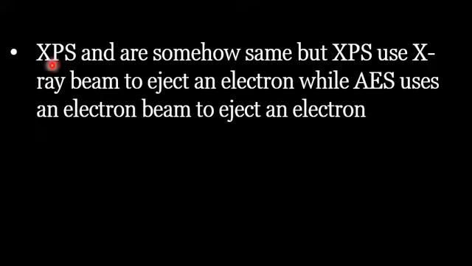So XPS and Auger electron spectroscopy are somewhat the same, but XPS uses an X-ray beam to eject an electron, while Auger electron spectroscopy uses an electron beam to eject the Auger electron.